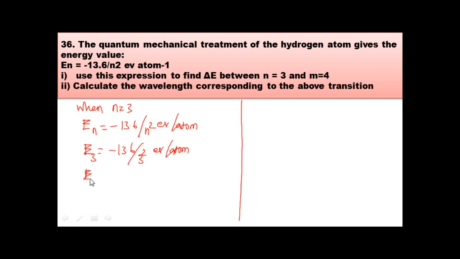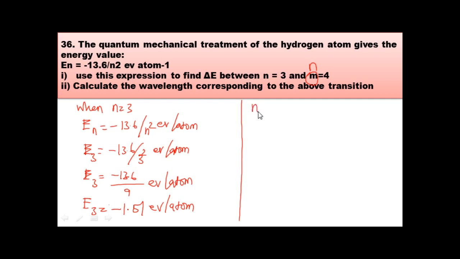So E3 equal to minus 13.6 divided by 9 electron volt per atom. So E3 equal to minus 1.51 electron volt per atom.